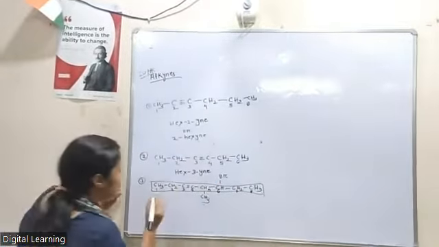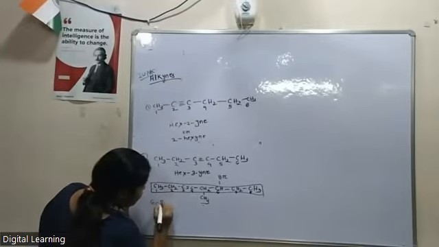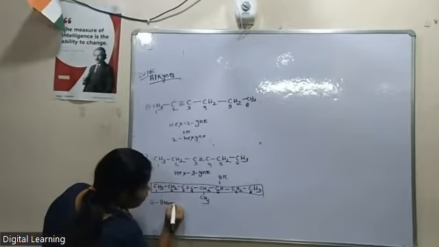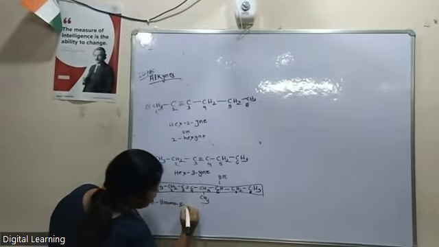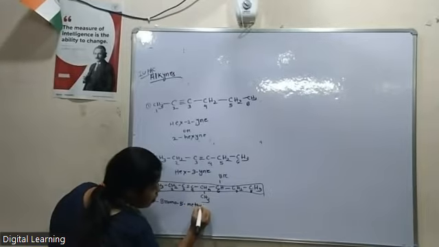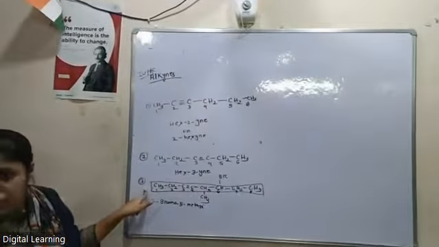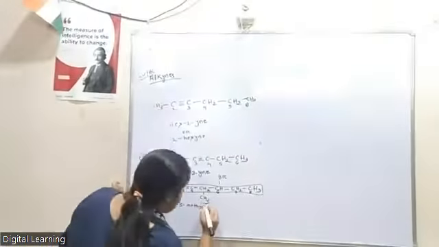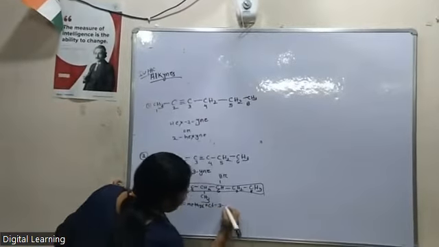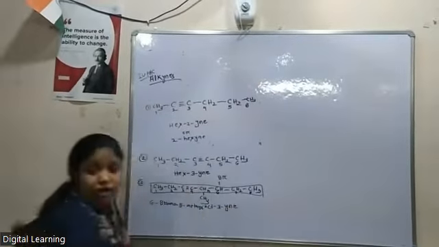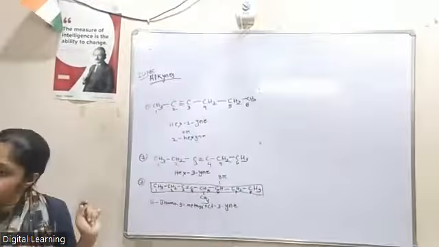Bromo. So we will write 6 bromo, 5 methyl. Prefix is over. Word root is oct for 8. Oct 3 yne. Clear?